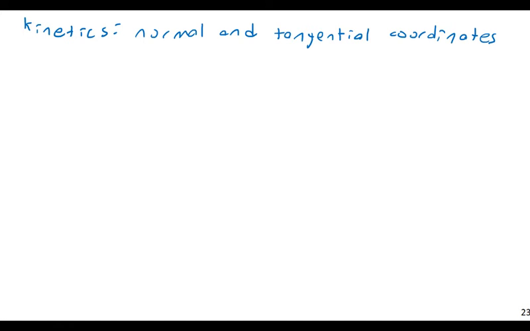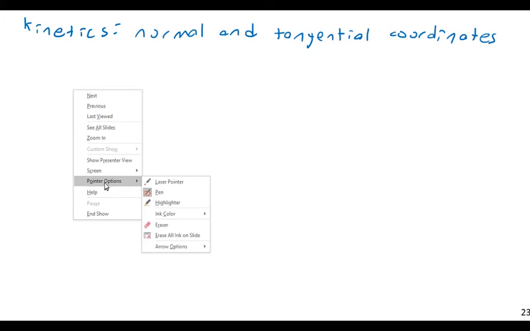I want to analyze them in the normal and the tangential direction. This can be a sort of force that you can have for curvilinear motion, and some examples of this.